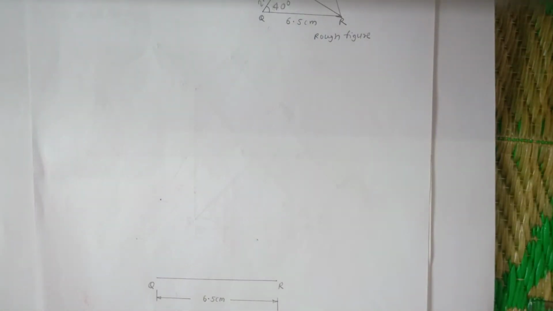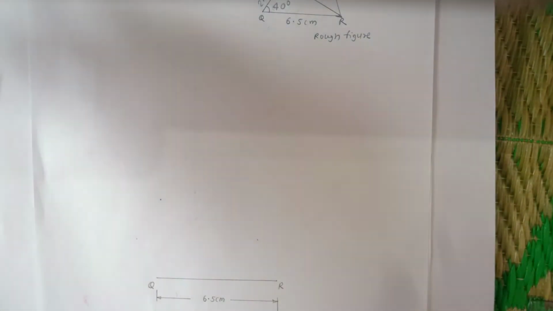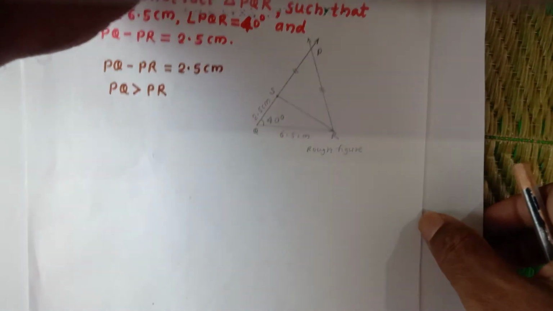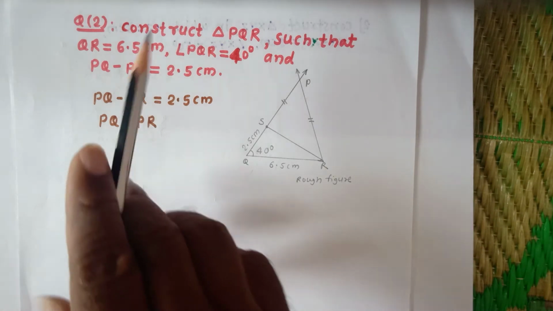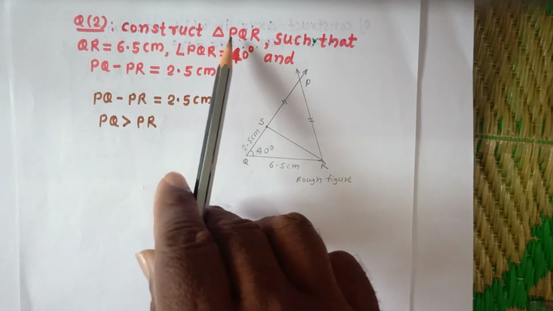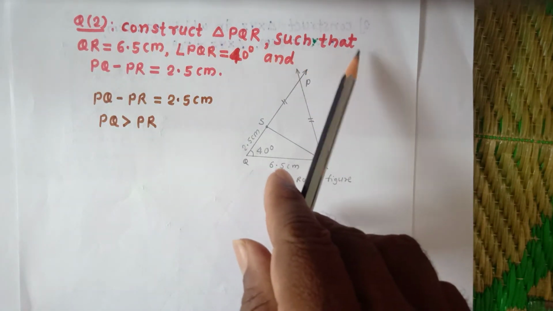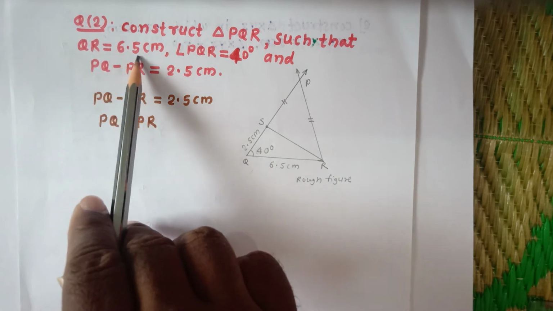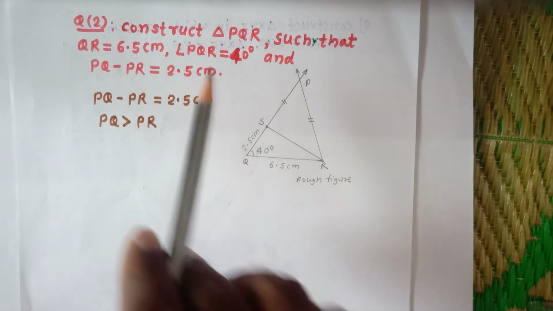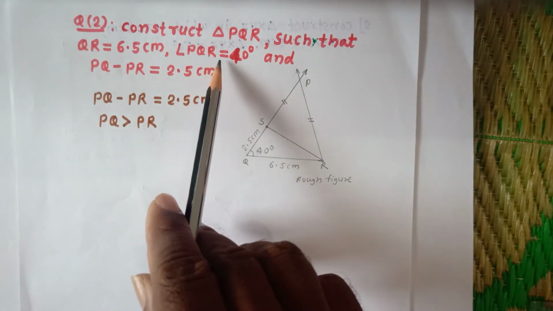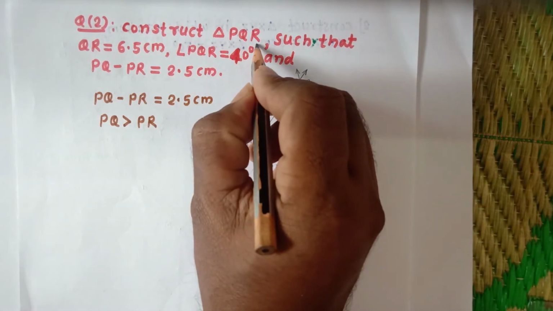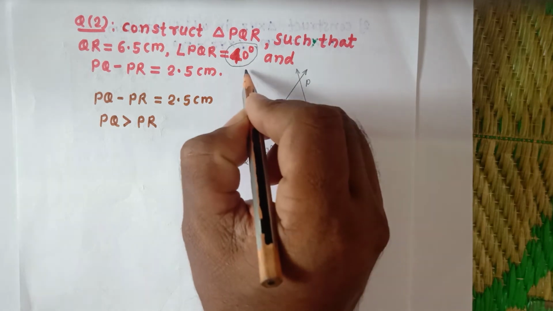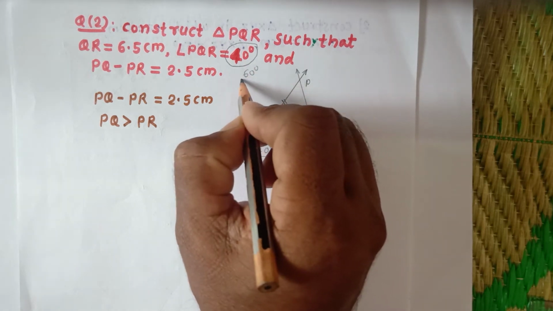Now let's see question number 2. Construct triangle PQR such that QR is equal to 6.5 centimeter and angle PQR. In the textbook, this angle is given as 60 degree.